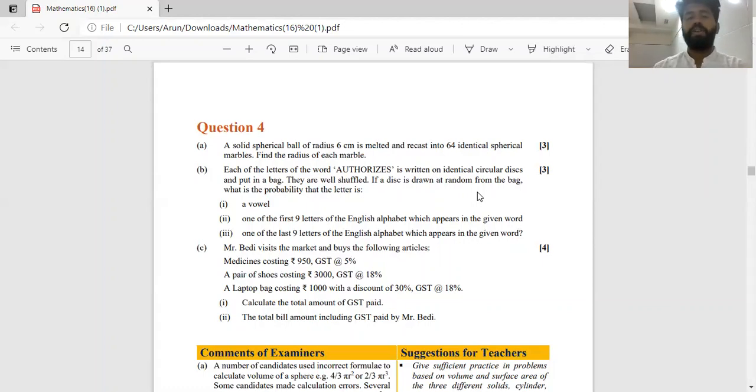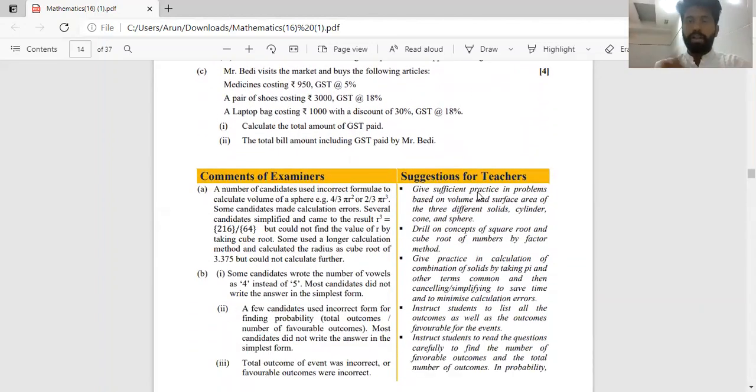Next, each of the letters of the word "authorizes" is written on identical circular discs and put in a bag. They are well shuffled. If a disc is drawn at random from the bag, what is the probability that the letter is a vowel? So basically, they've taken all the alphabets from that word.